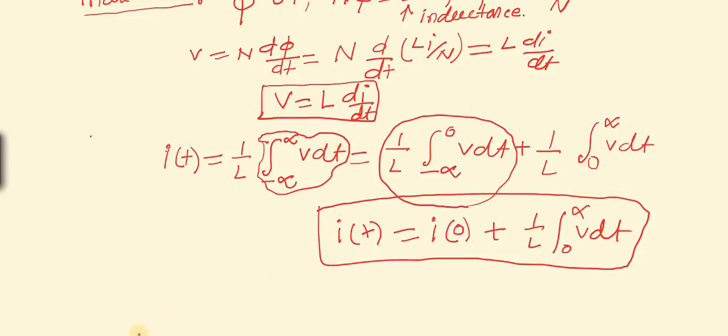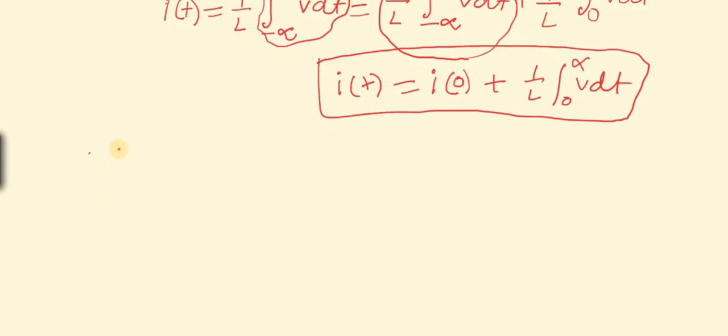So in terms of equation form, this equation in terms of a schematic diagram, we can write it like this. This is an inductor and this is a current source.